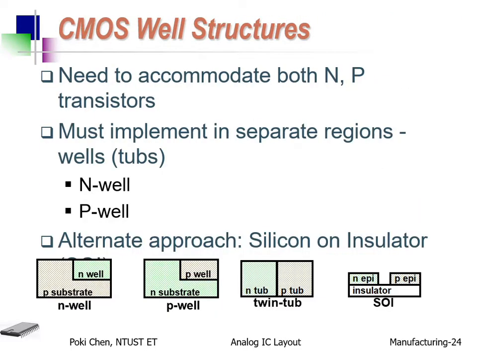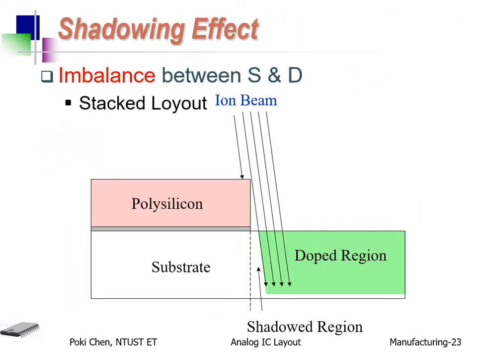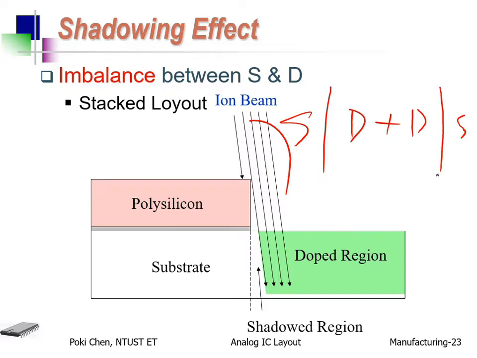What is the way to deal with this? You need to turn it over. Source, drain, then drain, source. Got it? You need to have source, drain, source. And even for the same transistor, you can cut it into 50%, 25%, right?